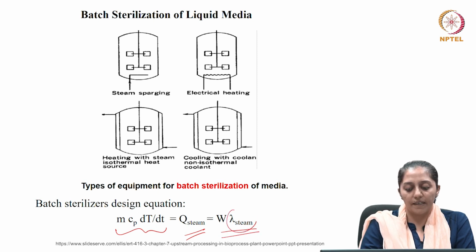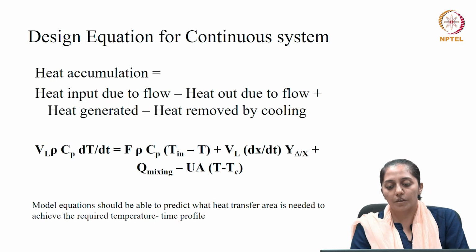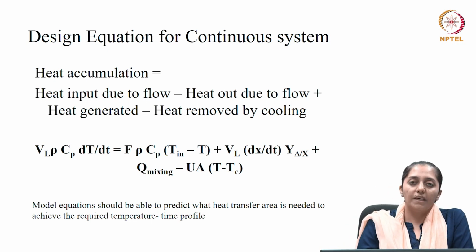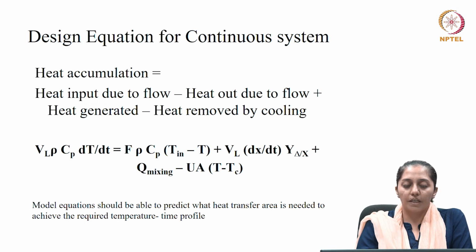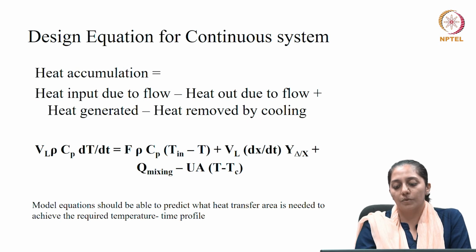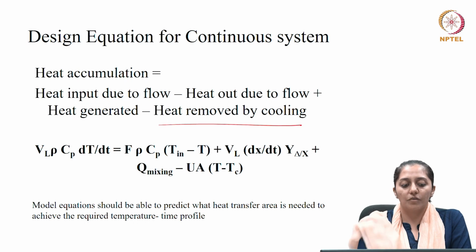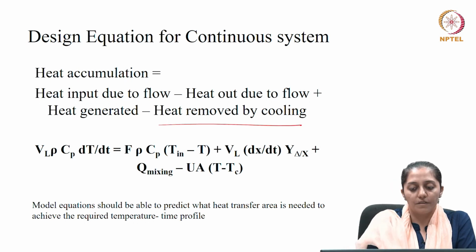So, this is the latent heat and W is the weight of the steam, or the flow rate of the steam. The design equation for a continuous system is: heat accumulation equals the heat input due to the flow, minus the heat out due to the flow, plus any heat that is generated, as in the case of metabolic heat, minus the heat removed by the cooling. So, this is an overall heat balance.